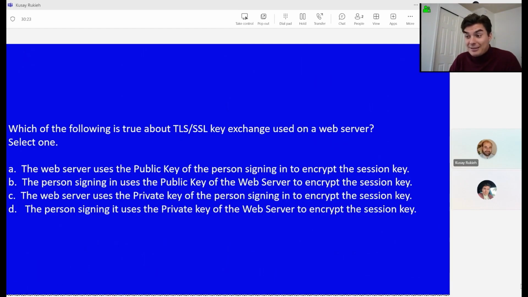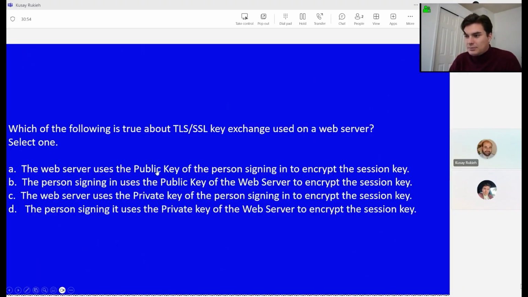The answer to this is, what's the answer to this one? Now, when you log in to Bank of America, what's the first thing I do? I download the Bank of America certificate, right? What information is contained in that certificate, which is the public key of who?